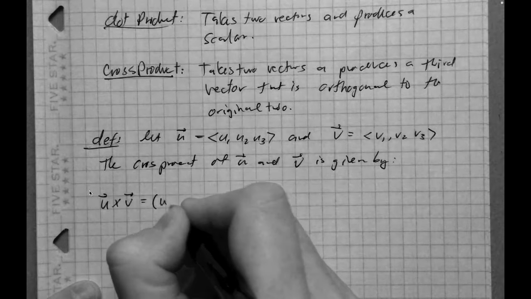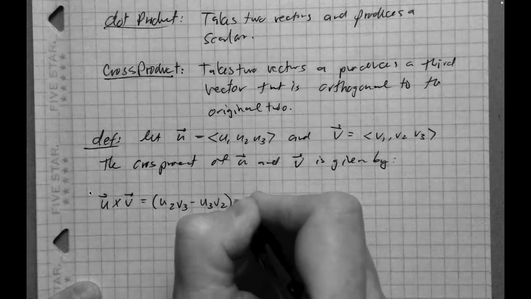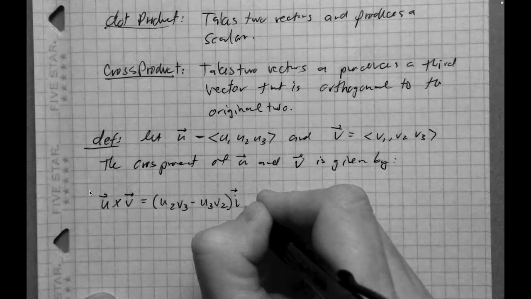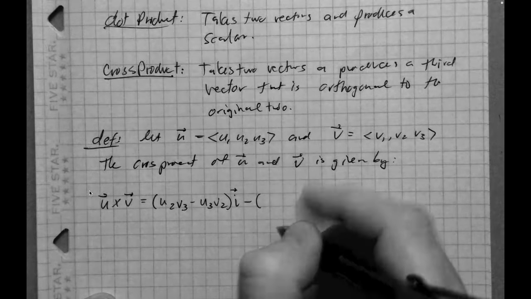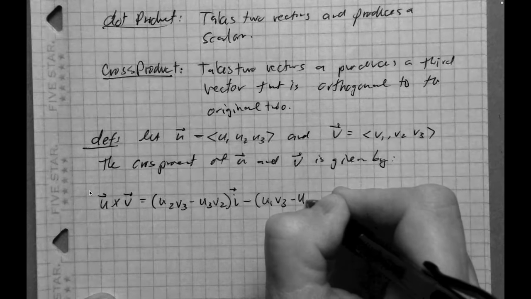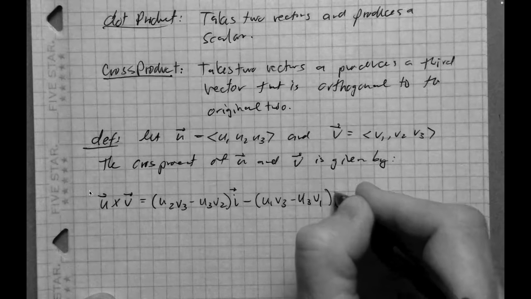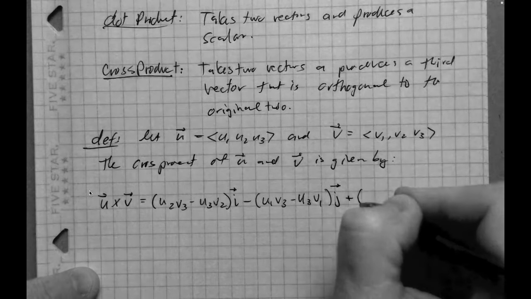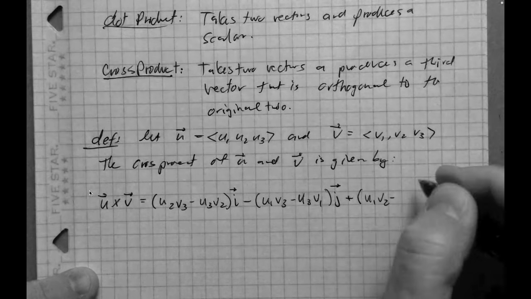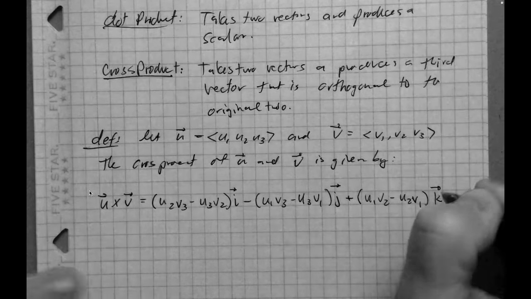It's going to be u2 v3 minus u3 v2 times the i vector, minus u1 v3 minus u3 v1 times the j vector, and then plus u1 v2 minus u2 v1 times the k vector.